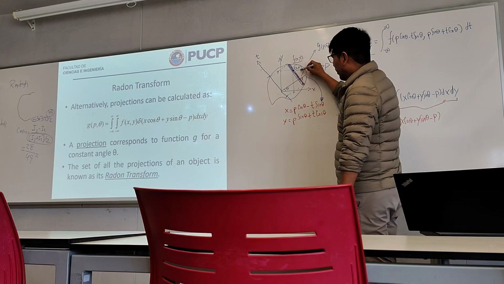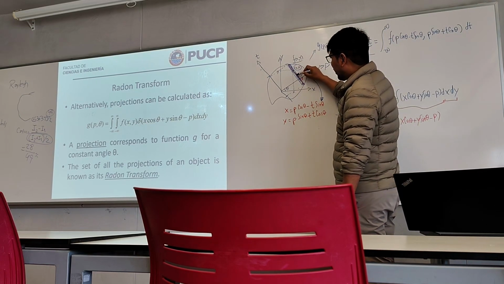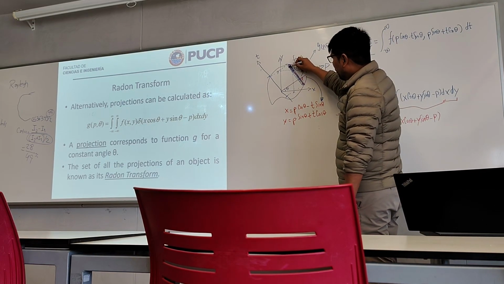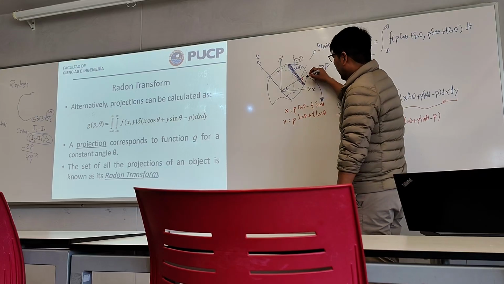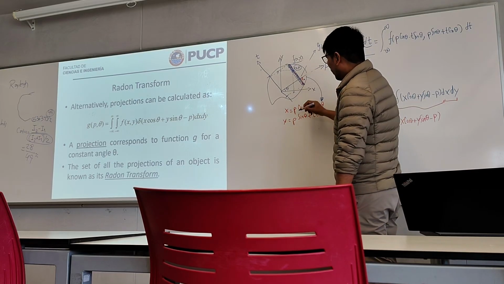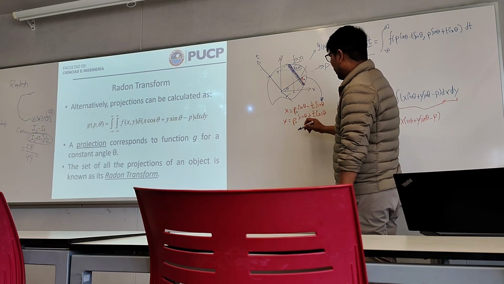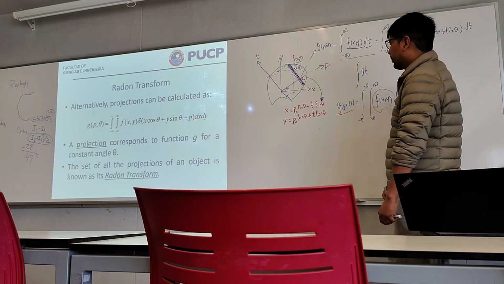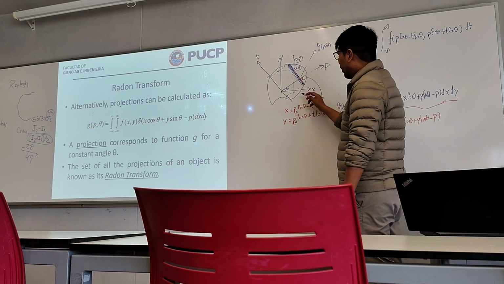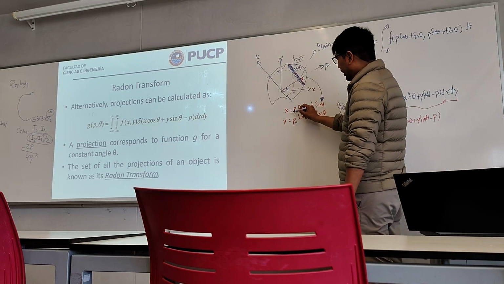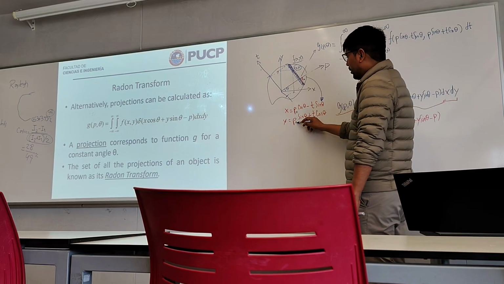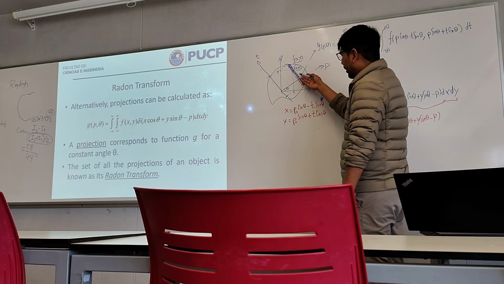Not only for this pixel, but really for all the pixels in this line. Let's call this value p sub 0, to make it more specific. So all the values x, y that have this form with p equal p sub 0 will be there.